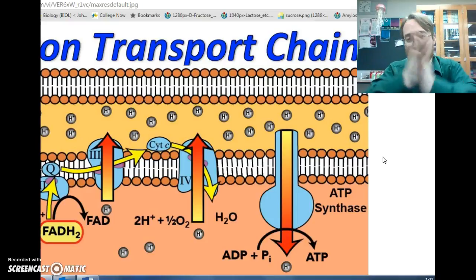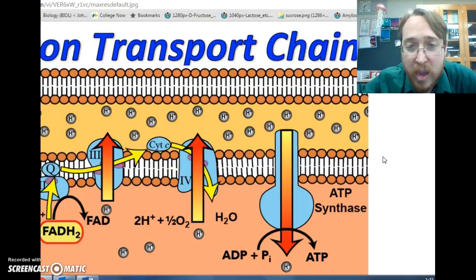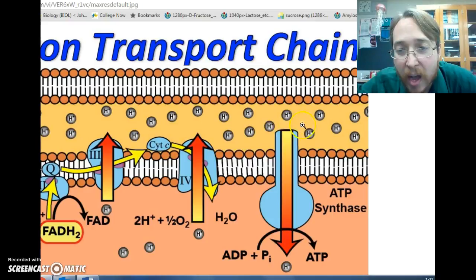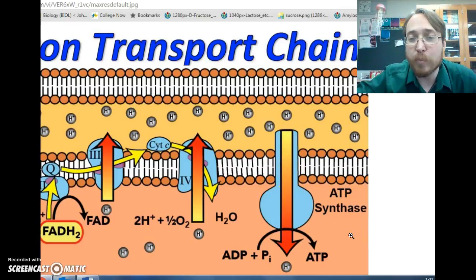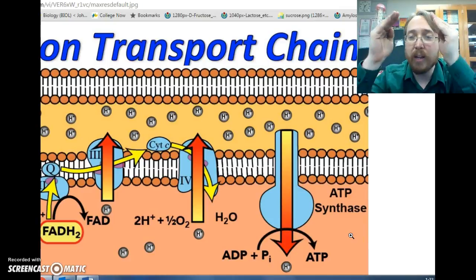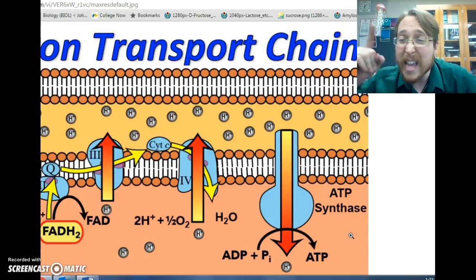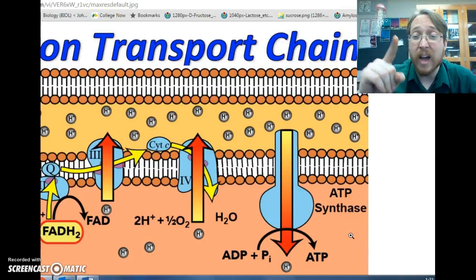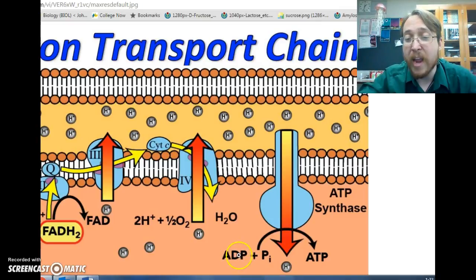Well, we are going to use that here. We are going to see that these high concentrations of hydrogen ions are going to pass through a special dual action transport protein. Not only does this protein help hydrogens go from the high concentration to the low concentration, it also is an enzyme that triggers the change of ADP and phosphate into ATP.